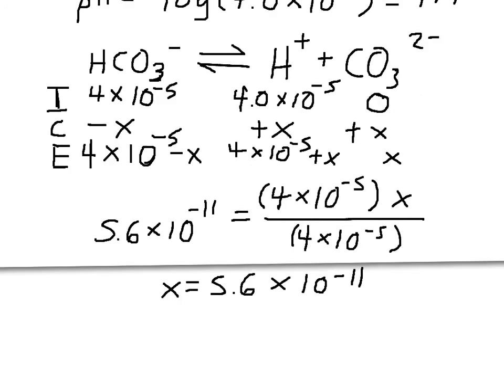Now when we set this up, since the value for Ka is so ridiculously small, remember that we can say 4 times 10 to the negative fifth minus X is pretty much going to be equal to 4 times 10 to the negative fifth, same thing for 4 times 10 to the negative fifth plus X. Then we can simplify this, plug this in, and we get a value of 5.6 times 10 to the negative 11th for X, which is equal to the concentration of our carbonate ion.